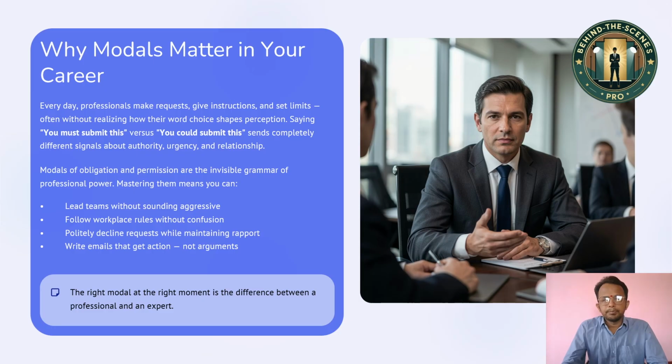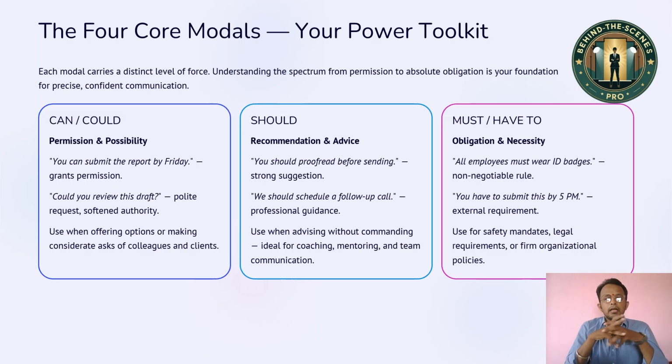Getting the point? Okay. In today's session, we will focus only on 4 core modals: can, could, should, and must. Must has a synonym, have to. Now, when we can use can and could, what is the actual meaning of these words?